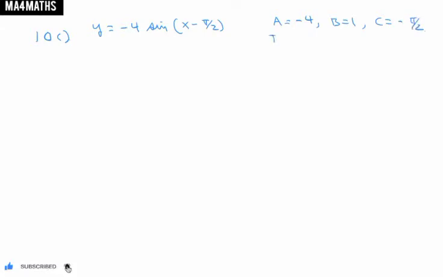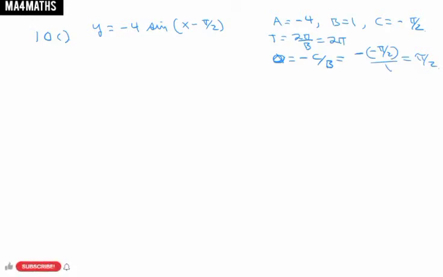So the first step is to find the period, which is 2 pi over b, which is 2 pi. The phase shift is -c over b, which is minus pi/2 over 1, which is pi/2. So basically, I'm working in the interval, the phase shift, and the phase shift plus the period.